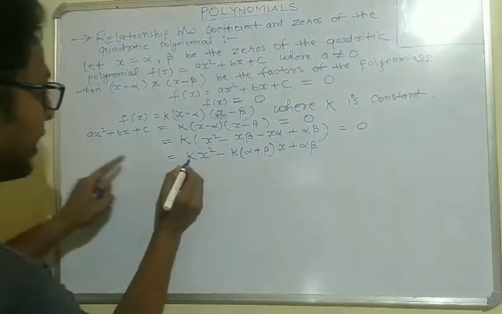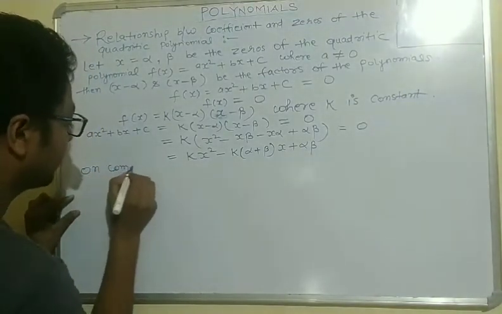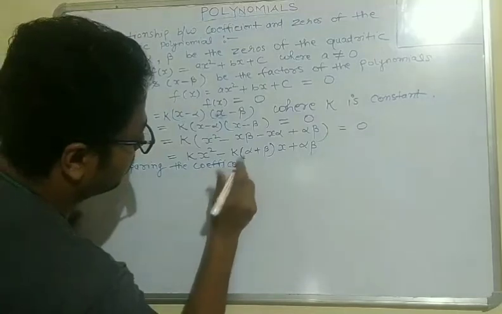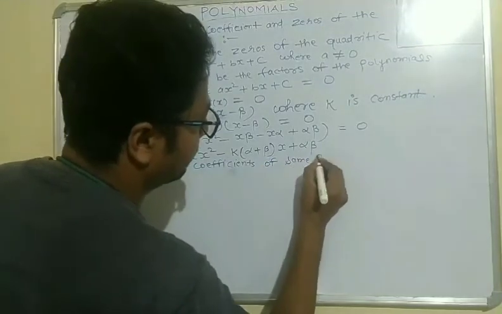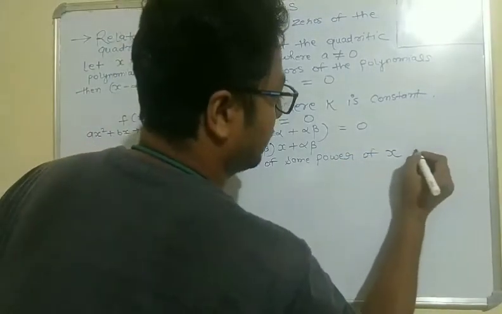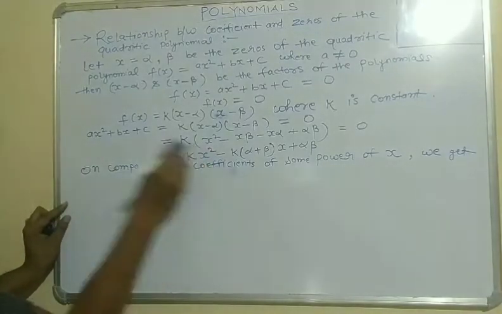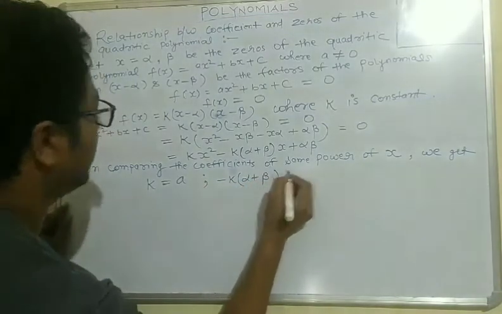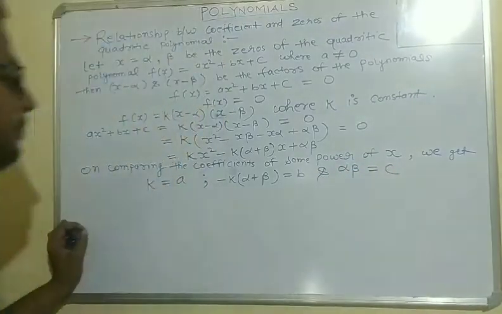Here the coefficient of x square, k, will be equal to a. It can be written as on comparing the coefficients of the same power of x, then we get k equal to a, minus k times alpha plus beta equal to b, and k alpha dot beta equal to c.